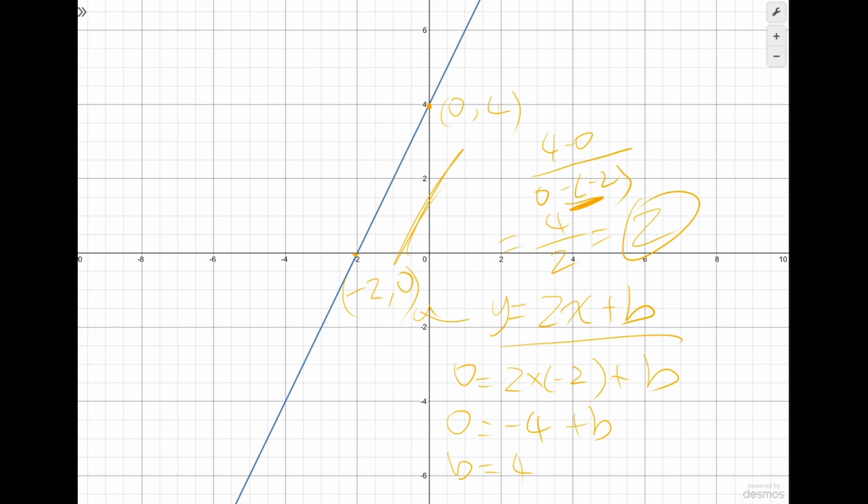So our equation will look like y is equal to 2x plus 4. Let's see if it works on this equation. So x is 0 in this situation, and y is equal to 4. 4 is equal to 2 times 0 plus 4. 2 times 0 is 0, 4 is equal to 4, meaning that this equation is correct.